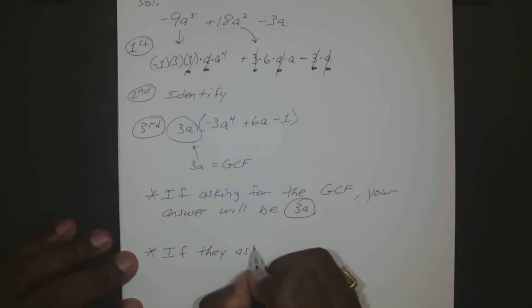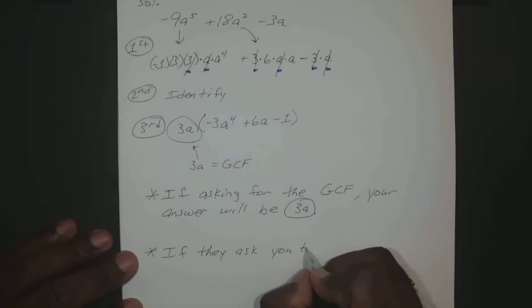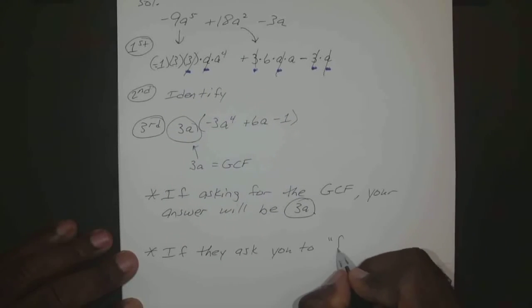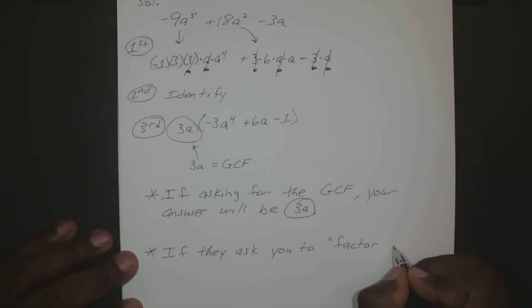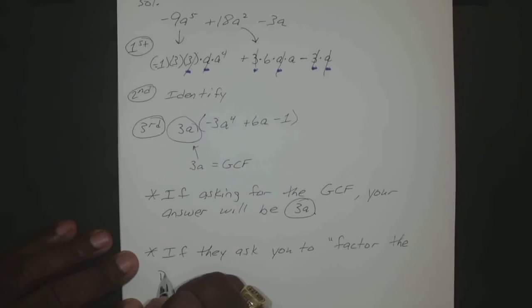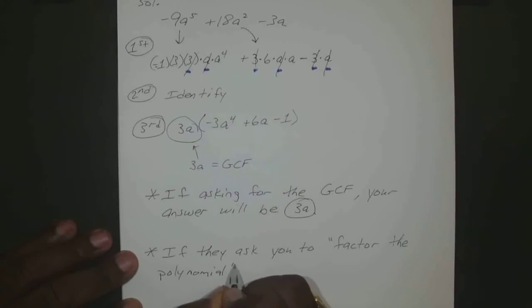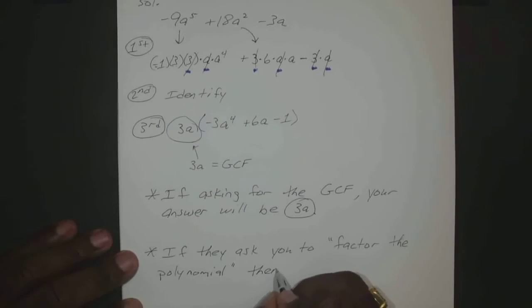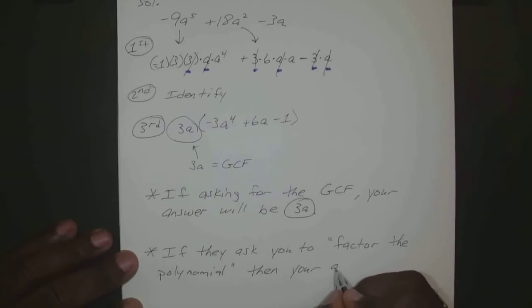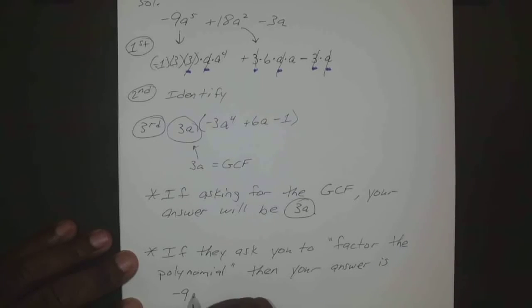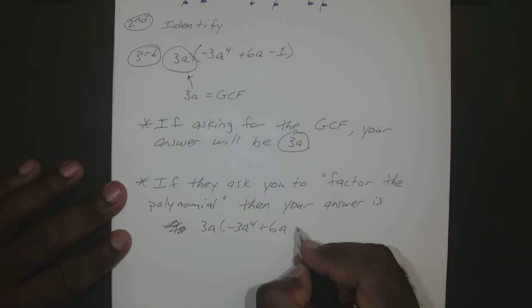If they ask you to factor the polynomial, then your answer is 3a times -3a to the 4th plus 6a minus 1.